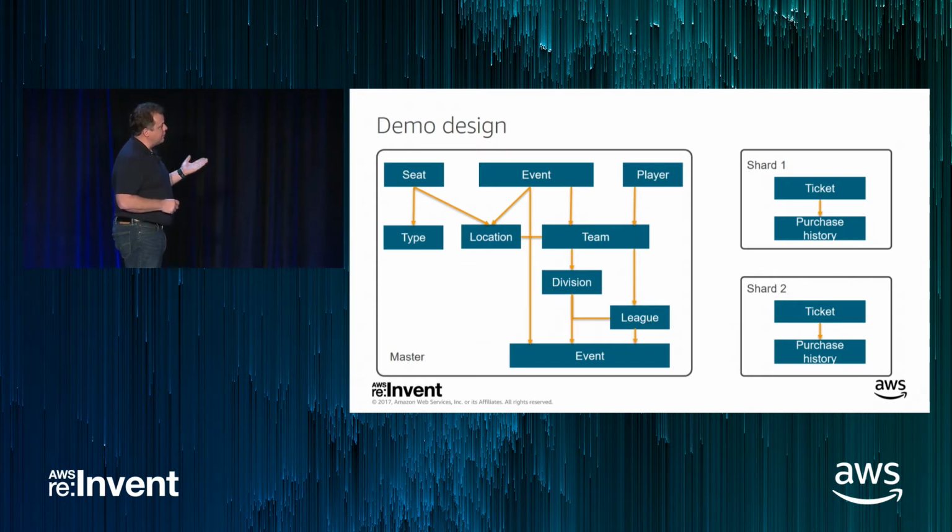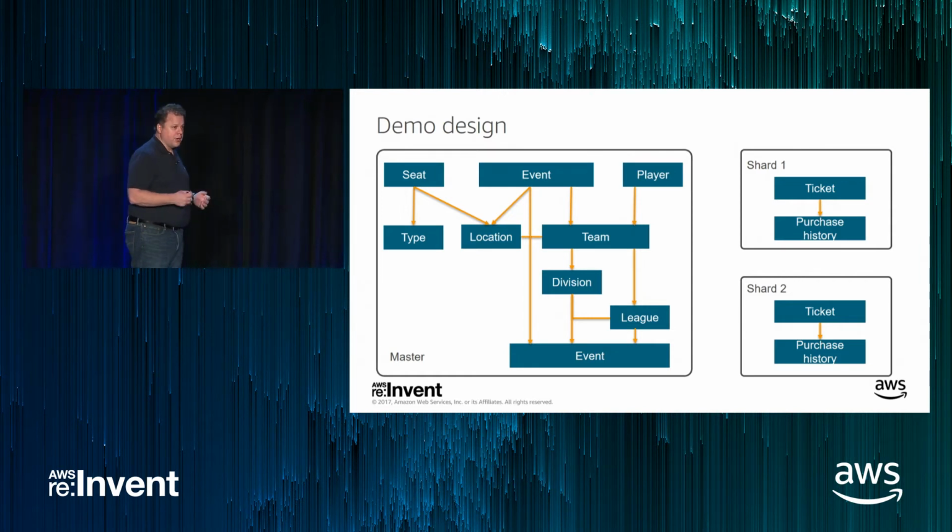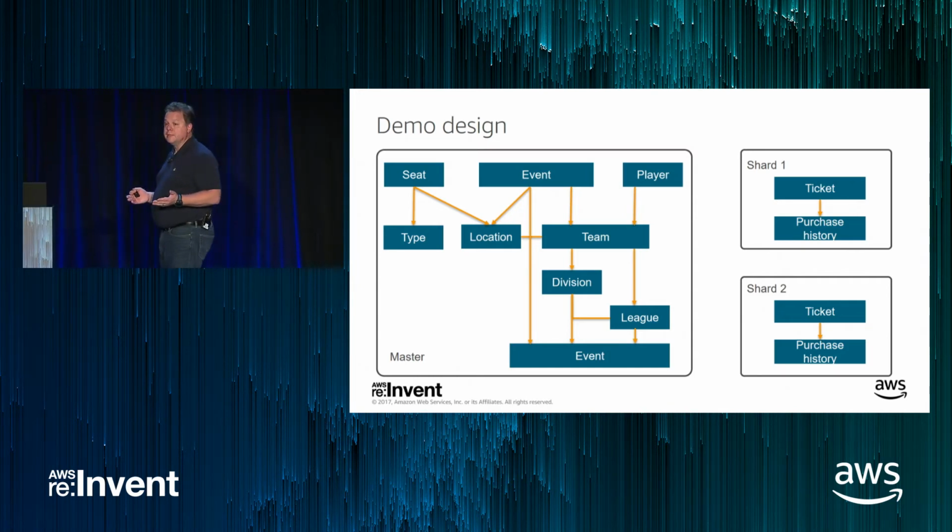They don't generally have a lot of data in them relative to the other 2 shards, which have ticket data and purchase history data in them. So those are very large, and they may be partitioned. Maybe one of them is for baseball on the first shard, and football on the second shard, or however you've decided to carve up the data so that you can distribute that load for your reads and for your writes.